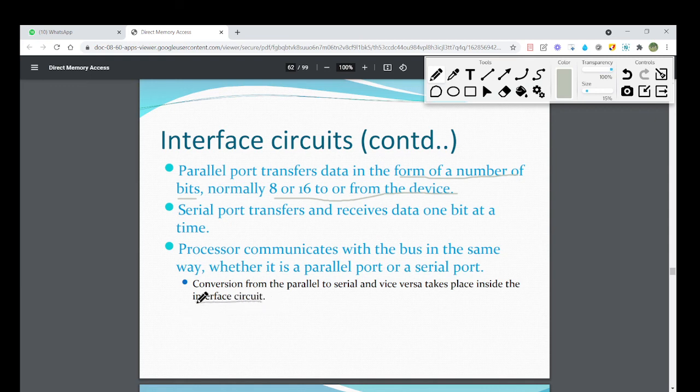This interface circuit takes care of whether the data is to be converted to parallel or serial, and the processor will never know whether it is communicating with a serial device or a parallel device.